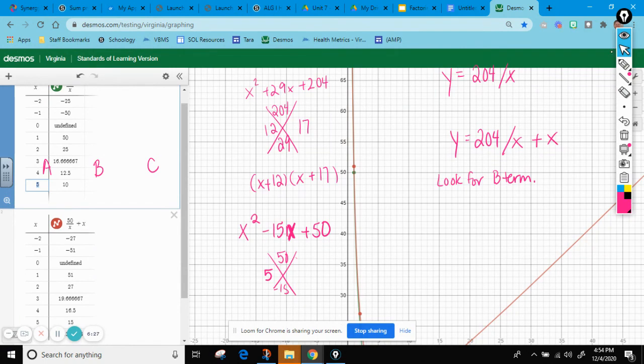What is its match? 10. And so that gives me the two numbers that multiply to 50 but add up to negative 15. I got to make a little correction, right? Because if I add 5 plus 10, that just equals positive 15. So these both have to be negative. And so my answer for my factoring would be x minus 5 and x minus 10.